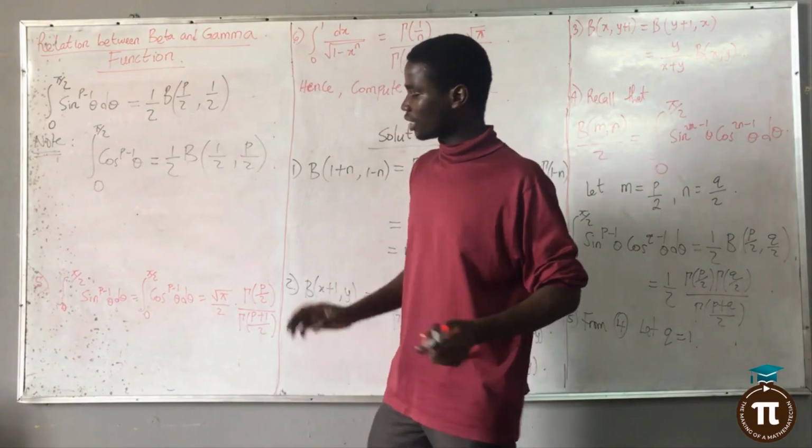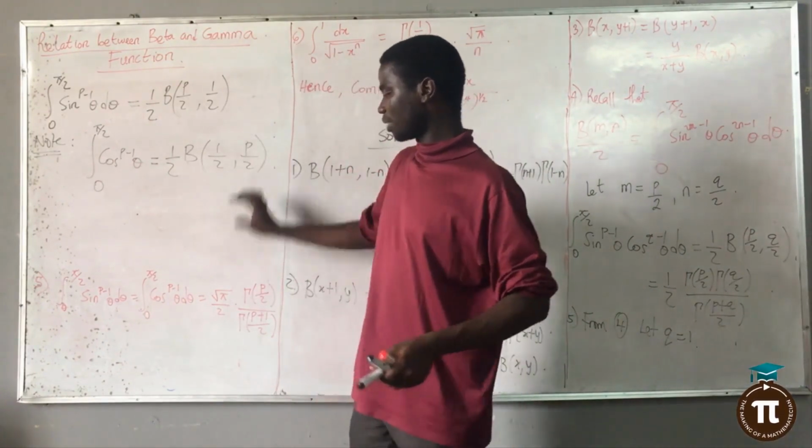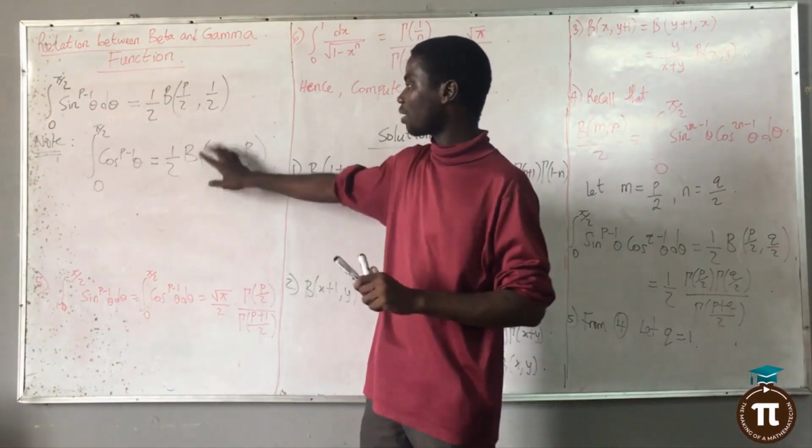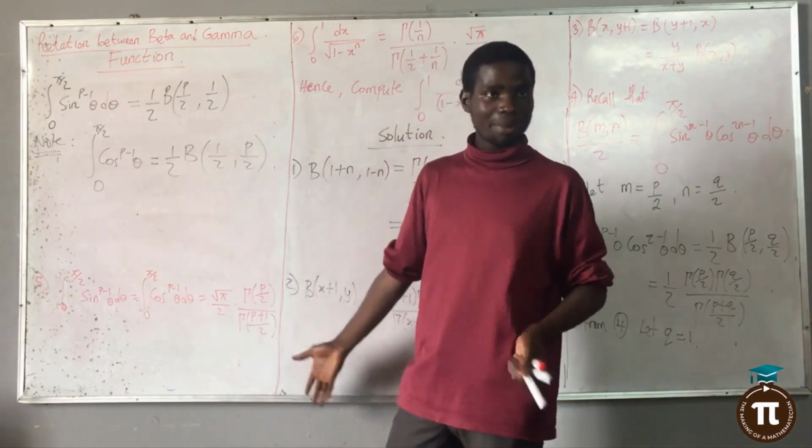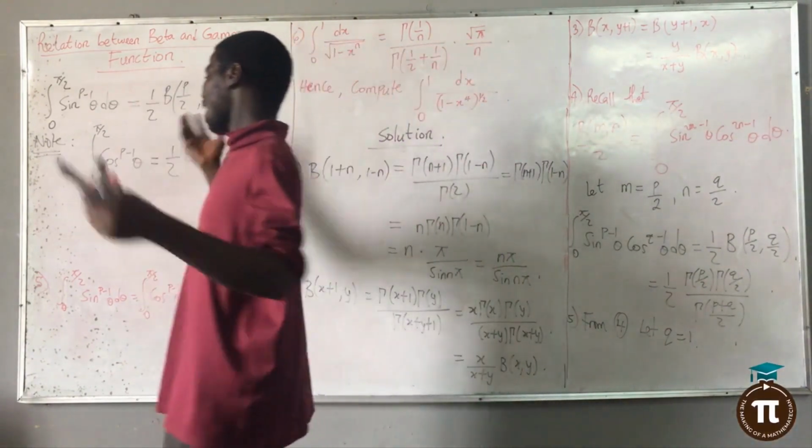What we just need to do is get the value of this in terms of gamma. That means this and this are equal.